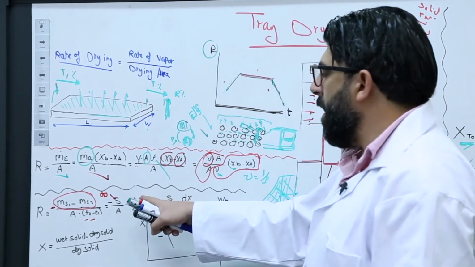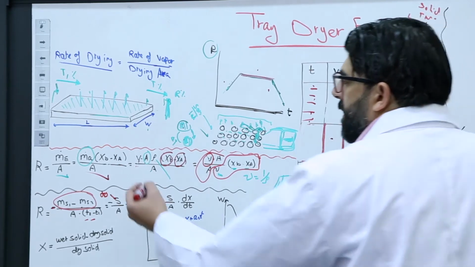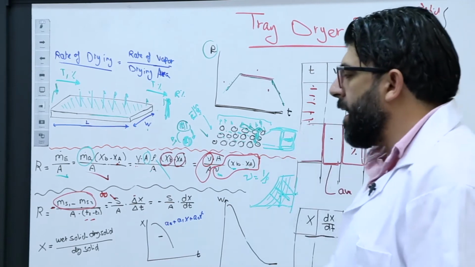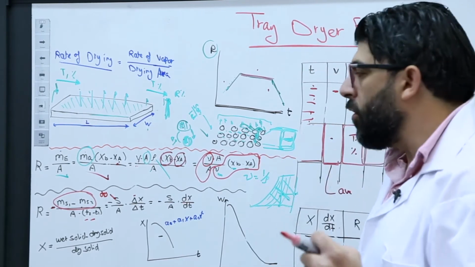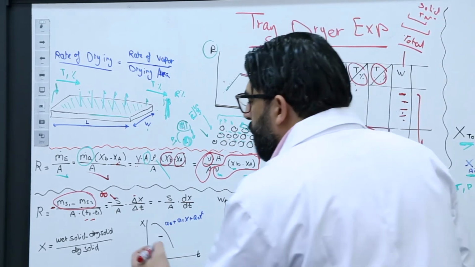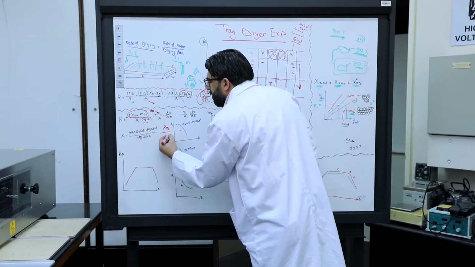Here you have to differentiate between X of air and X of solid. X of solid is the moisture of the solid, or humidity of the solid. So it's equal to kilogram of water per kilogram of solid.